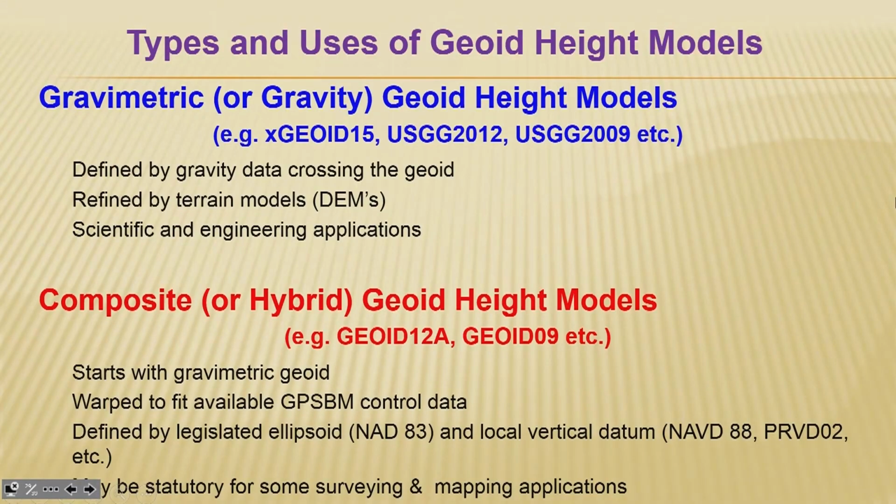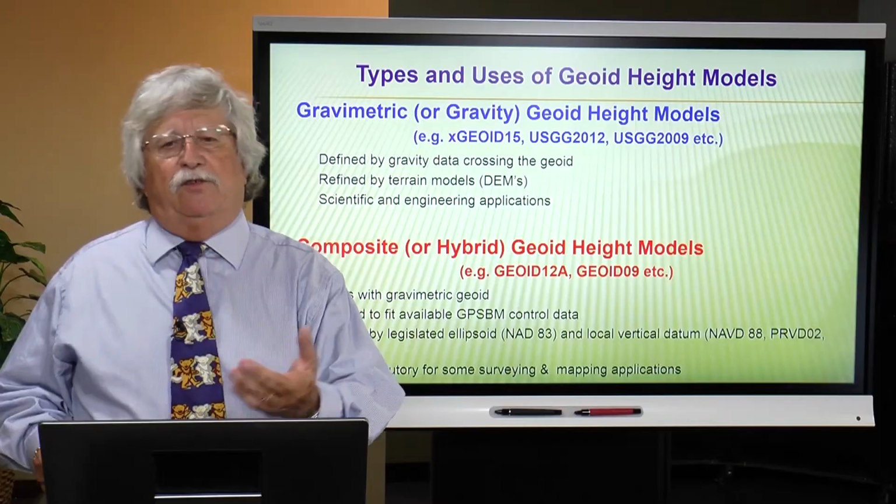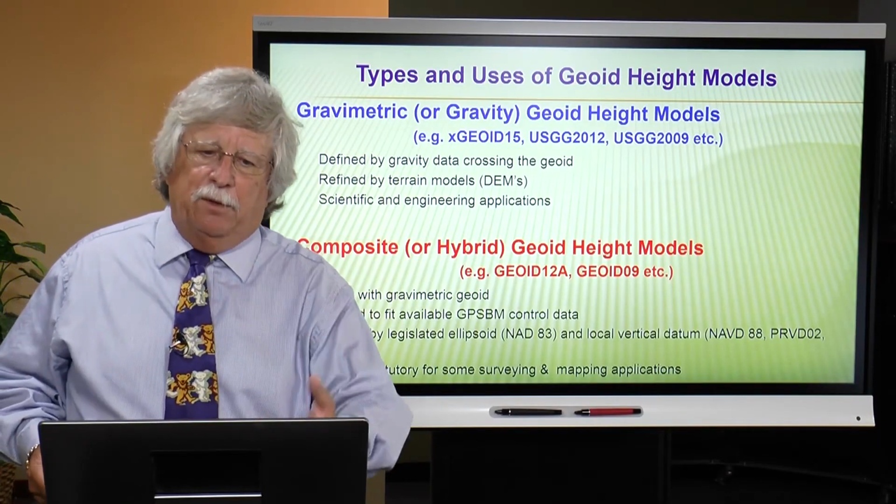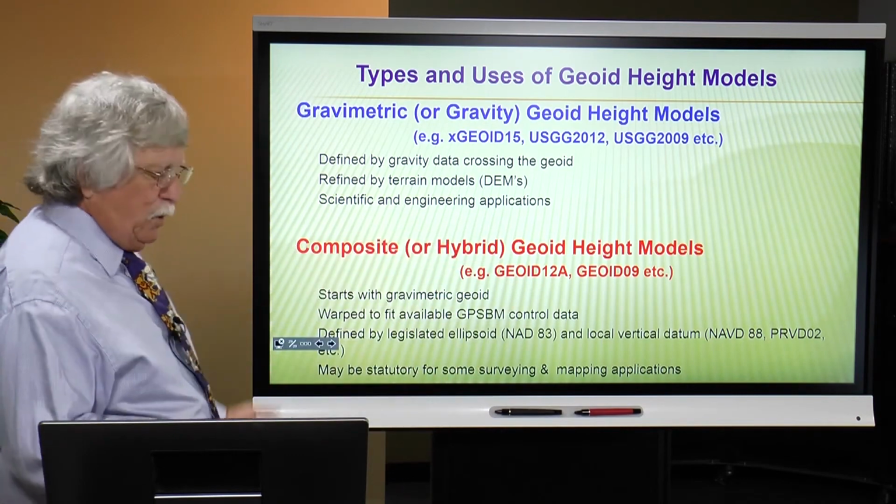But it does not match NAVD 88. So to try and match NAVD 88, they compute a hybrid composite model, which includes the GPS on benchmarks that I mentioned previously. Let me show you the process by which NGS has gone through the development of these composite or hybrid geoid models.